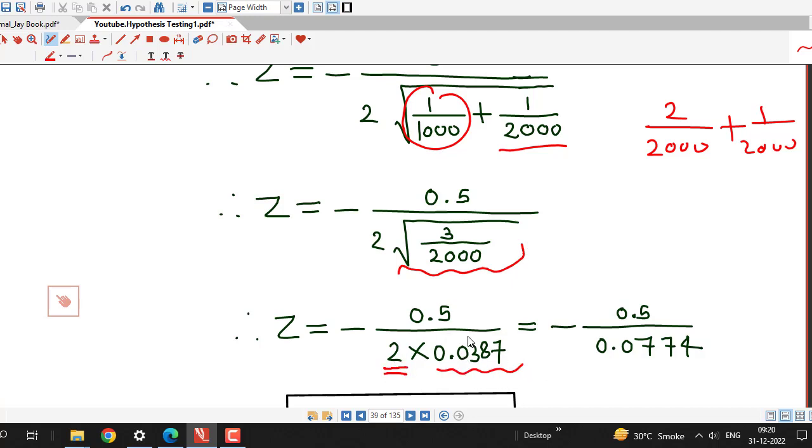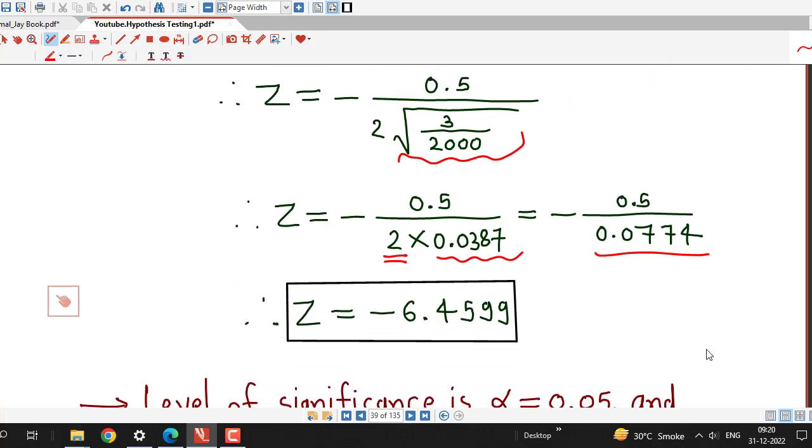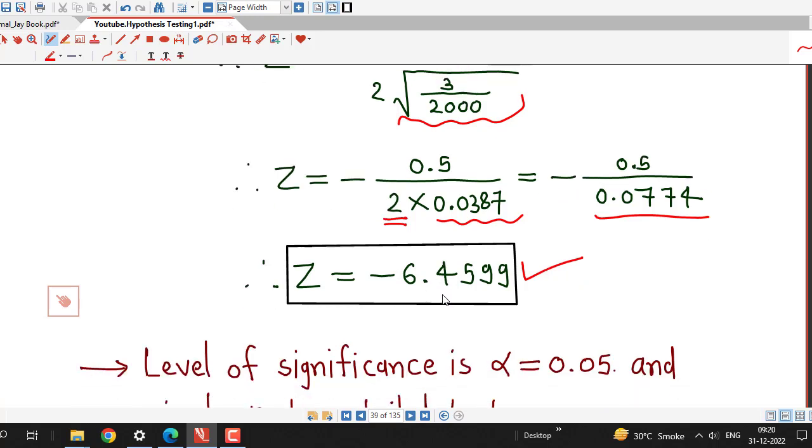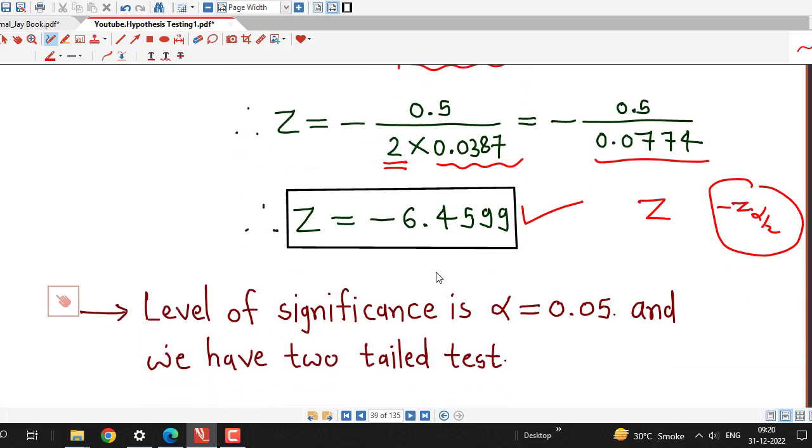If I multiply this by 2, I obtain this value, and finally the calculated value of Z statistic is minus 6.4599. So this I have to compare with minus Z alpha by 2 because it is negative.